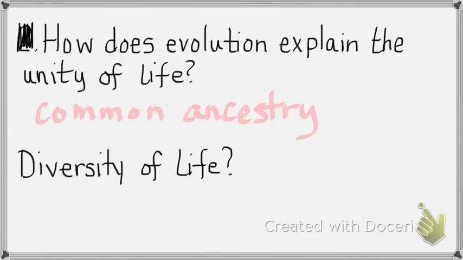Okay, how does evolution explain the diversity of life? Like, how come there are so many different kinds of birds? Or how come there are so many different kinds of flowering plants? How come? Migration? Evolution for what? Like, why did it evolve? The change of... Change in what? Environment. Very good.